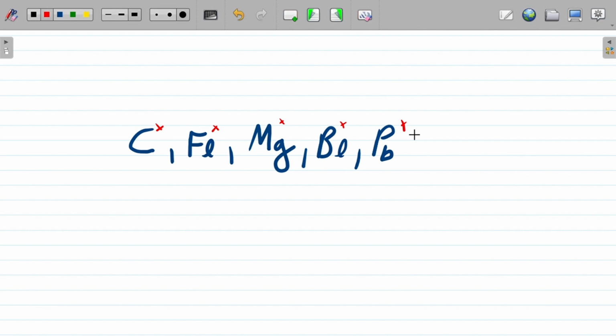As you can see, nothing written over there. When this happens, it means this has a neutral charge of 0. 0, 0, 0, 0, and 0. So this means this group of elements are neutral atoms.